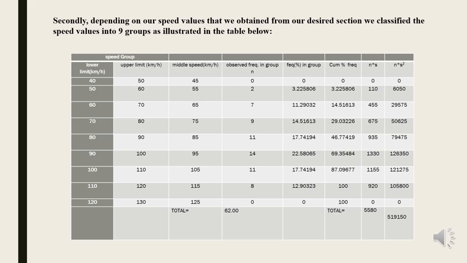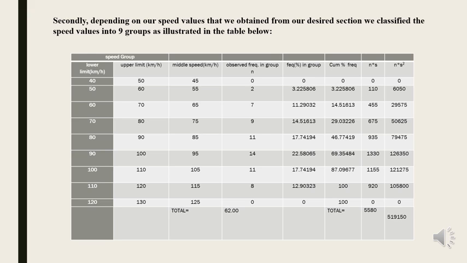Column number 3 is the middle speed, the sample S, and column number 4 is the observed frequency in group, the sample N. Column number 5 is the frequency percentage in group, column number 6 is the cumulative percentage frequency, and in column number 7 we multiply the observed frequency in group by the middle speed.